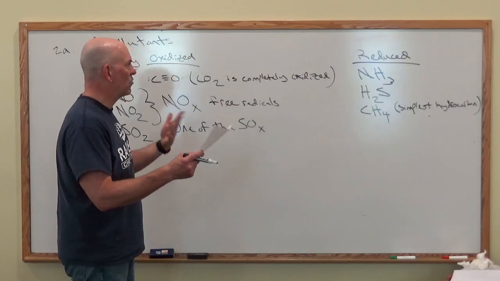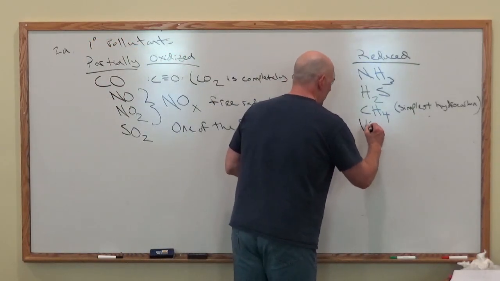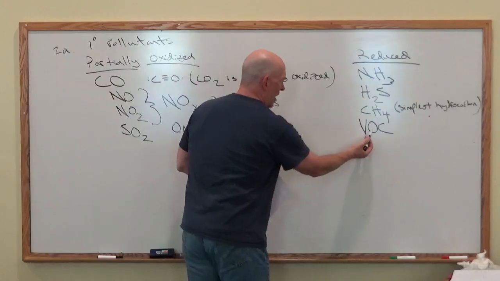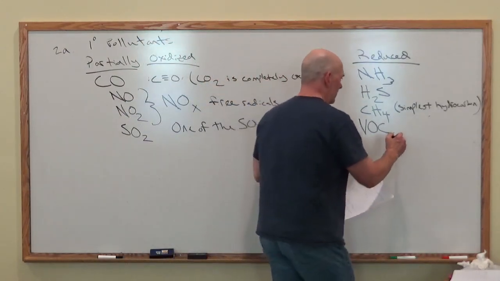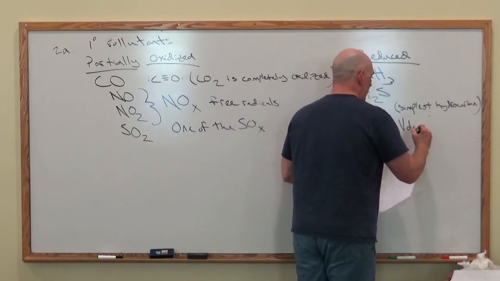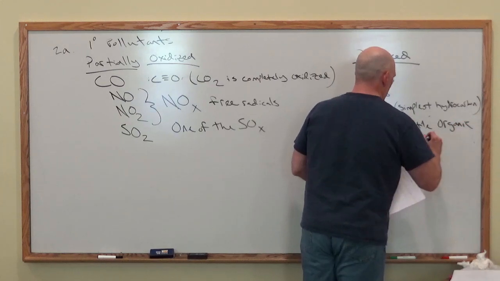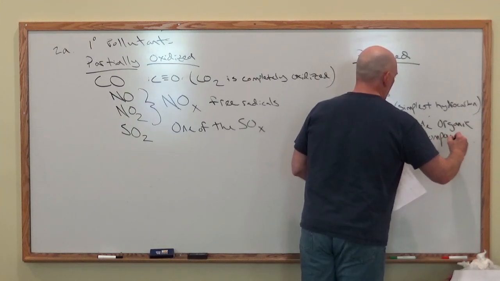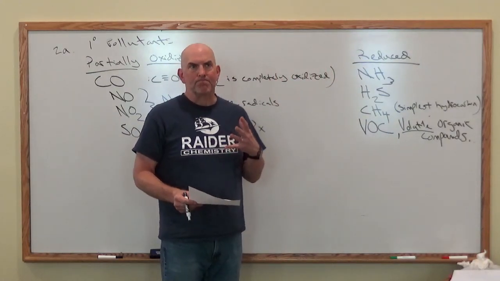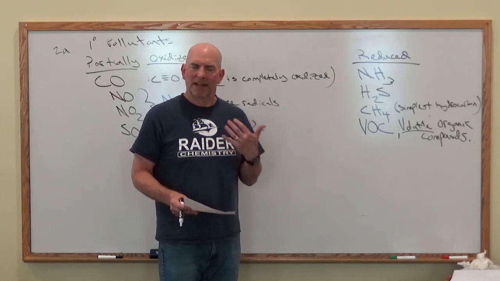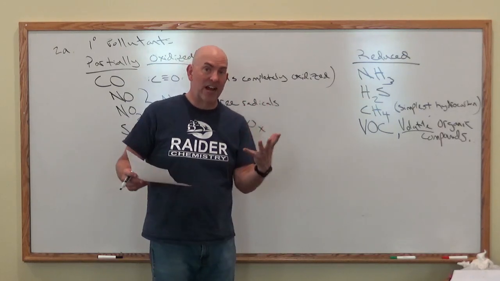And the last one is a category, it's not a specific molecule, but it's a really good acronym. So it's not vanadium, oxygen, carbon. That wouldn't make any sense. This stands for, you might already know this, volatile organic compounds. The word volatile here doesn't mean like it's going to explode. That's kind of what it might connote, is that this is a molecule that would explode or catch fire really easily.